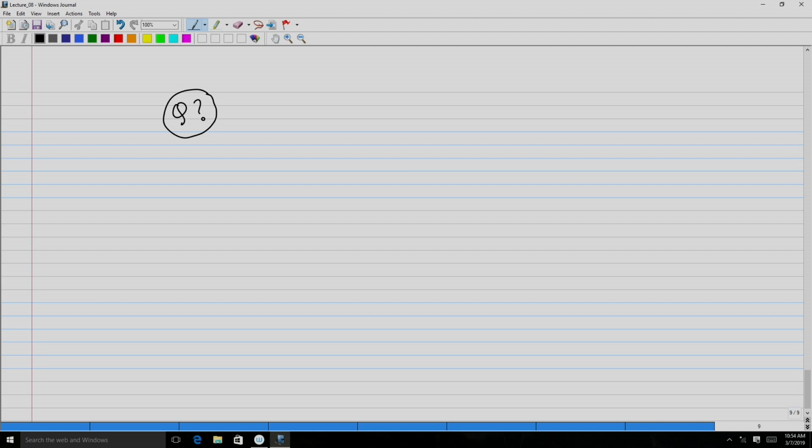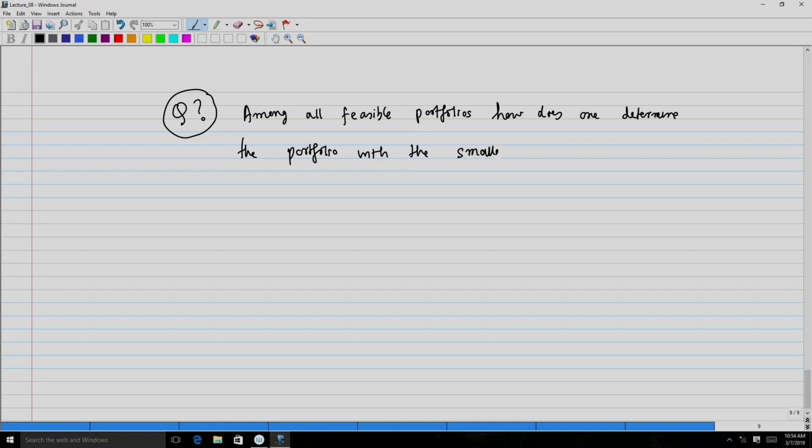So, let me address this by posing a question, and the question is that among all feasible portfolios, how does one determine the portfolio with the smallest variance, and smallest variance obviously means the smallest standard deviation. So, I can write or equivalently the smallest risk.